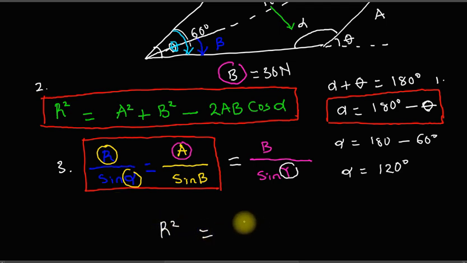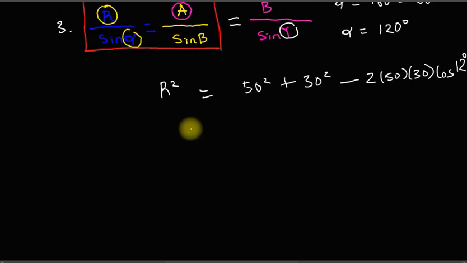Then you apply the second formula, R squared, to find the resultant. R squared is equal to A squared, that is 50 squared, plus 30 squared, minus 2 bracket 50 times 30 times cos 120 degrees, or whatever. You simplify, you end up at an answer. Make sure when you're pressing your calculator, you are careful.